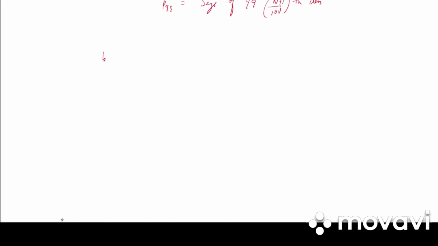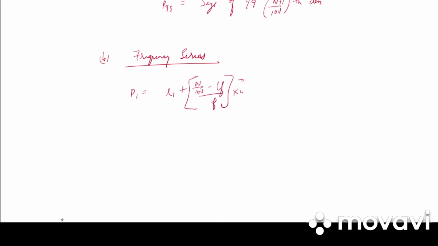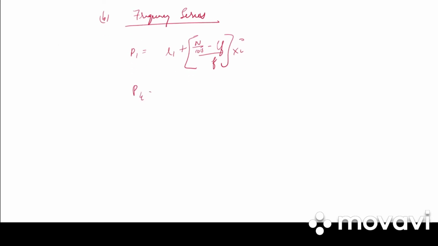Next, write down the second one, frequency series. Under that, P1 is equal to L1 plus (n by 100 minus Cf) divided by f into i. P4 is equal to L1 plus (4 into n by 100 minus Cf) divided by f into i.